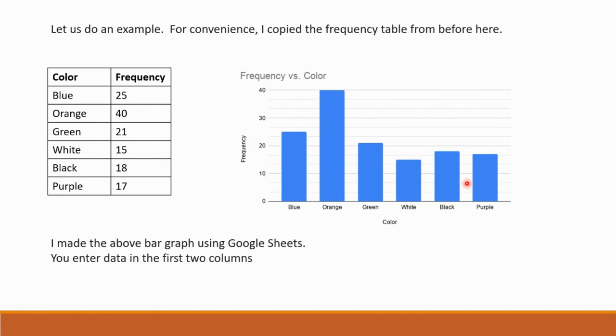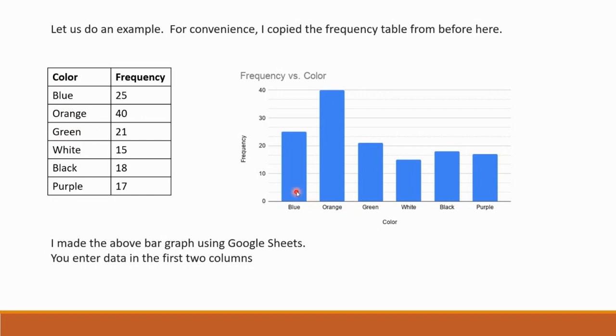This is an example of a bar graph, as you can see. We have a horizontal and a vertical axis, although I guess the line isn't drawn, but it's still technically there, even though we can't see it. But you can see the frequencies are listed here. The horizontal axis has, in this case, the colors, which are the values of the qualitative variable.